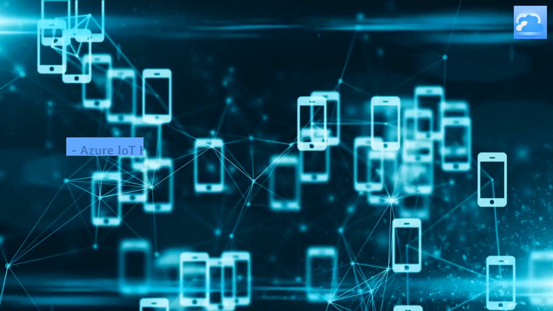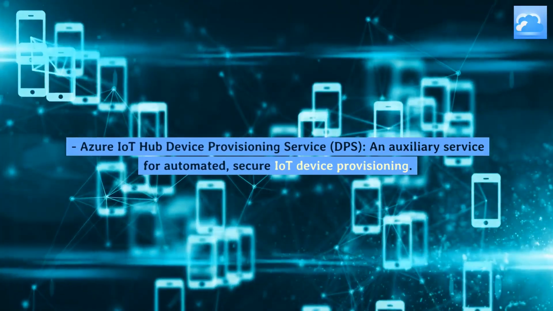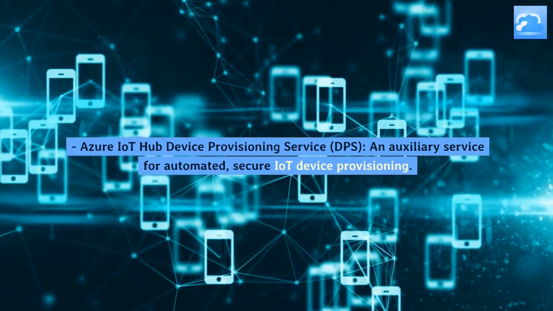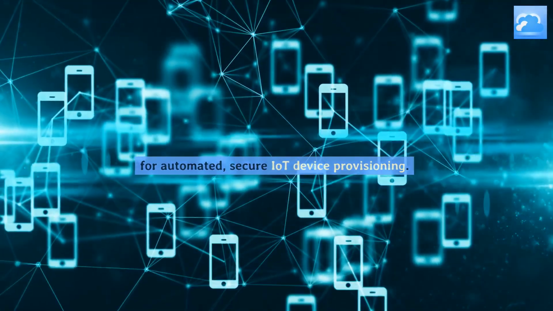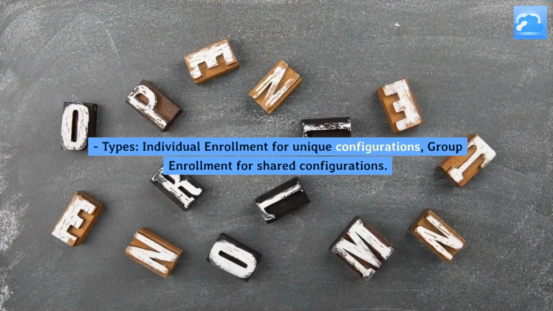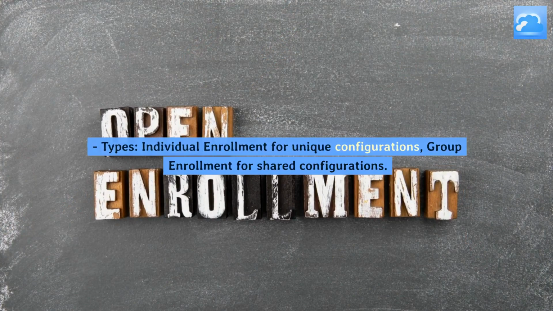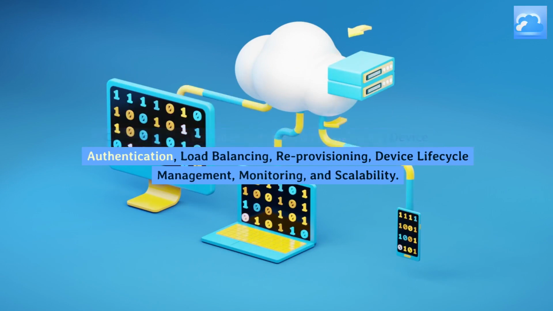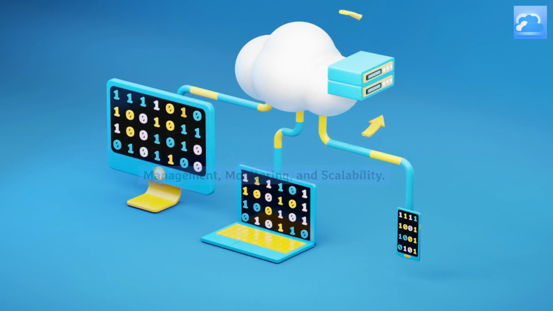Summary: Azure IoT Hub Device Provisioning Service, DPS, an auxiliary service for automated, secure IoT device provisioning. Types: individual enrollment for unique configurations, group enrollment for shared configurations. Core features include automated provisioning, device authentication, load balancing, re-provisioning, device lifecycle management, monitoring, and scalability.